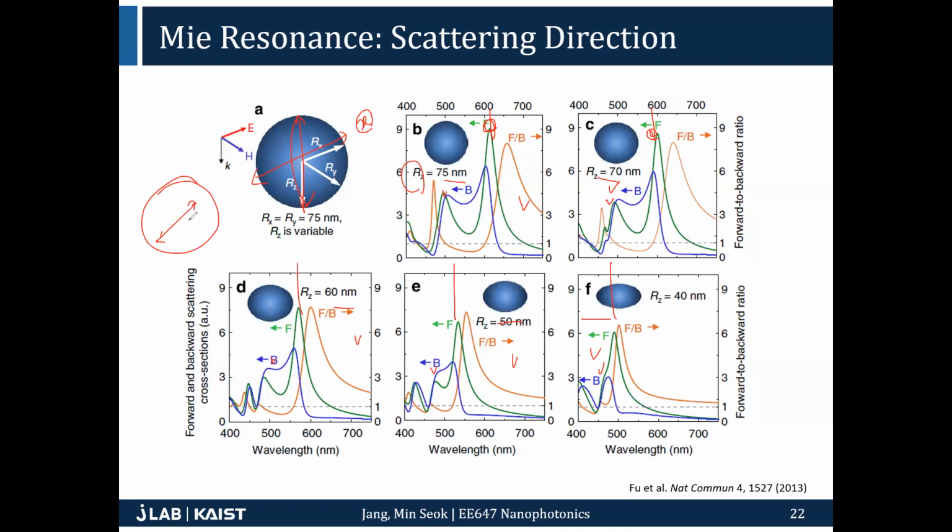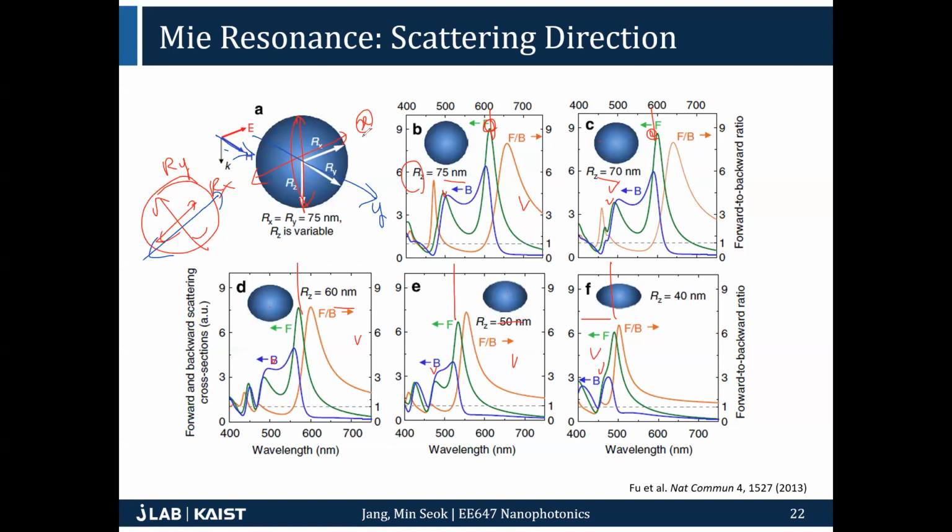Rx and Ry remain the same. In the electric dipole resonance, we are talking about electrons oscillating along the x direction. So even though we squeeze along the z direction, of course it's going to be affected, but not strongly affected.